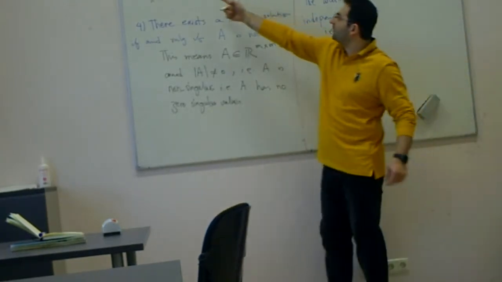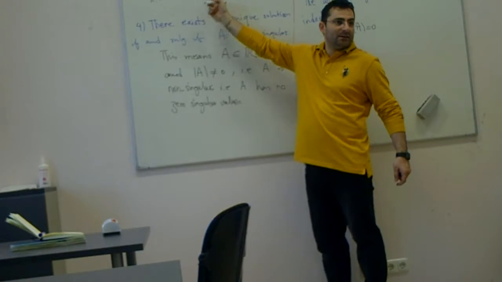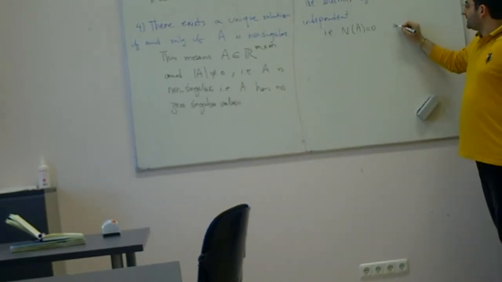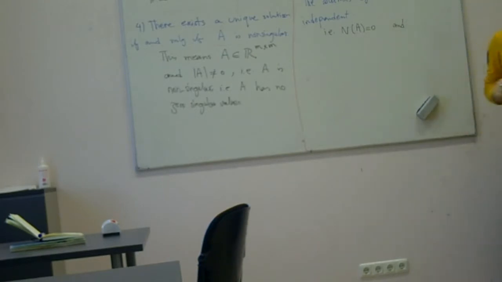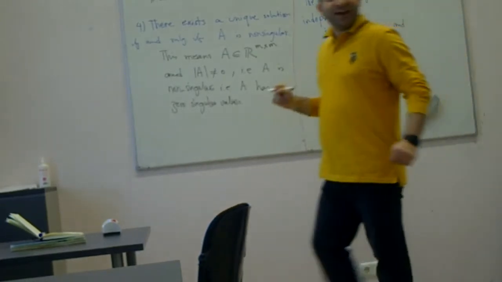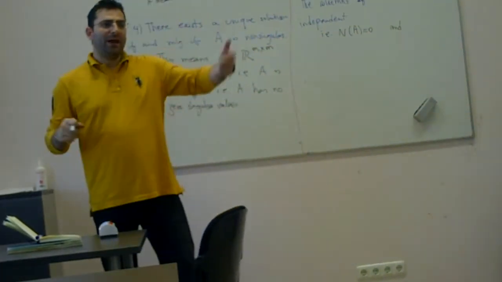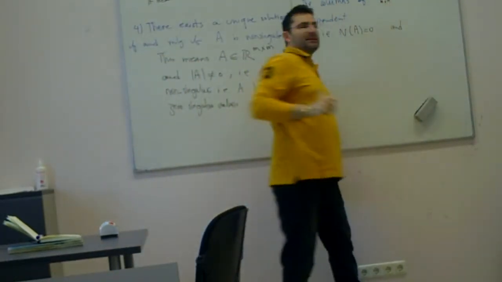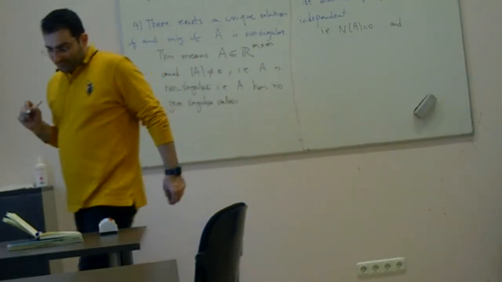Null space of A equal to 0 means 1 to 1. And what is the size of A? It's an M by N matrix. And we have all the columns are linearly independent.